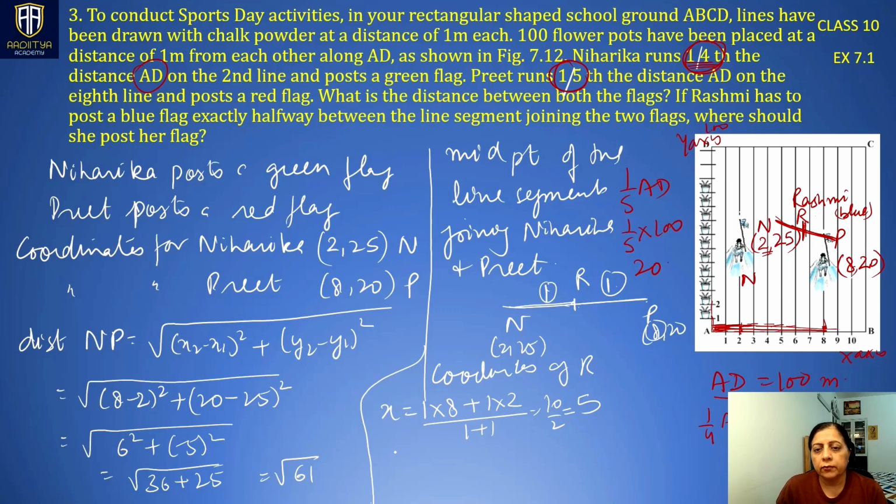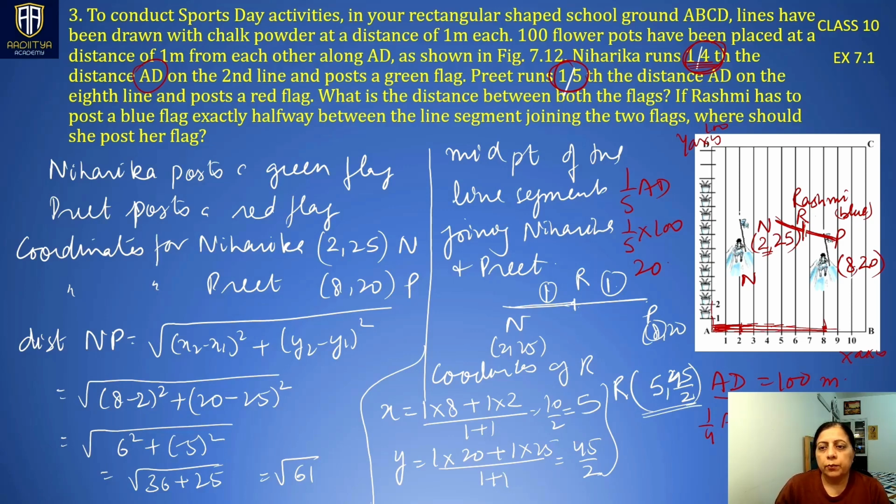X coordinate is 5 and y becomes 1 multiplied by 20 added to 1 multiplied by 25 divided by 1 plus 1. 25 plus 20 is 45 by 2. So coordinates for Rashmi are 5, 45 by 2. Right? So she will be placing a blue flag at this point R.